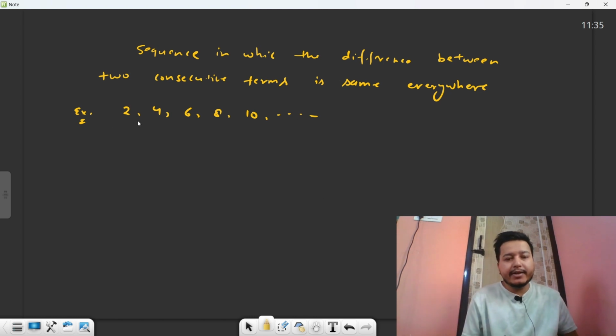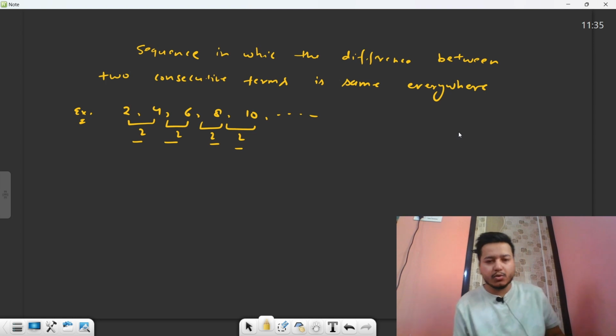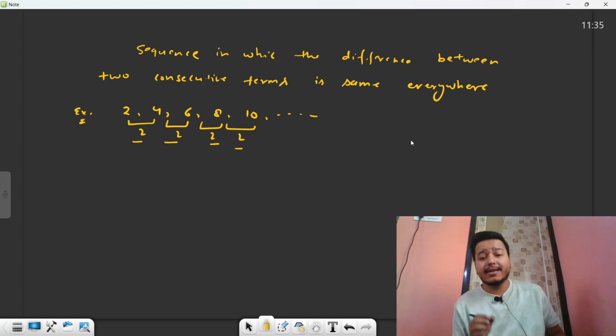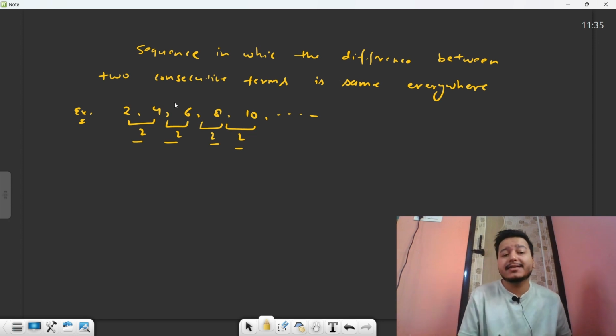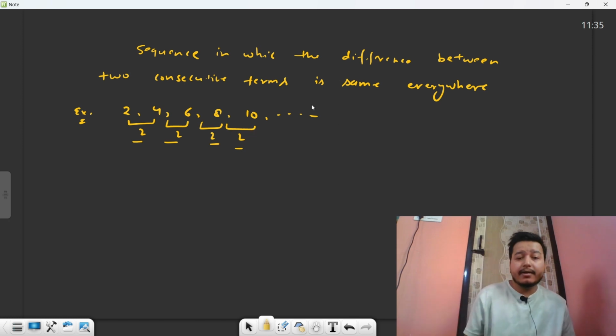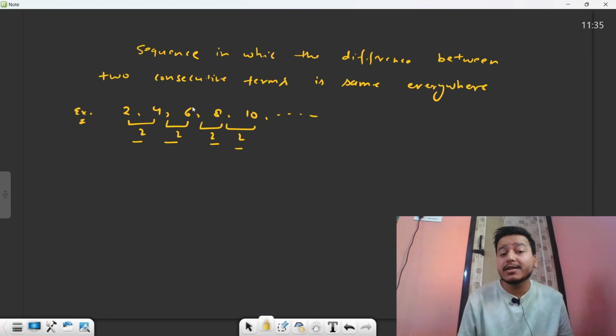Here, the gap between two numbers is 2, and the gap is the same everywhere: 2, 2, 2, 2, and so on. So we call this series an arithmetic progression. This is an AP. So we understand what an AP is. An AP, or arithmetic progression, is a sequence of numbers in which the difference between two consecutive terms is the same.